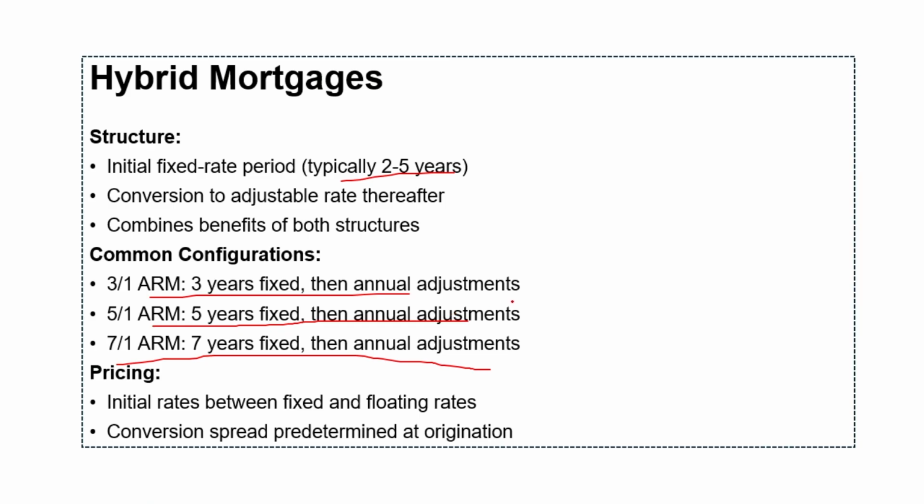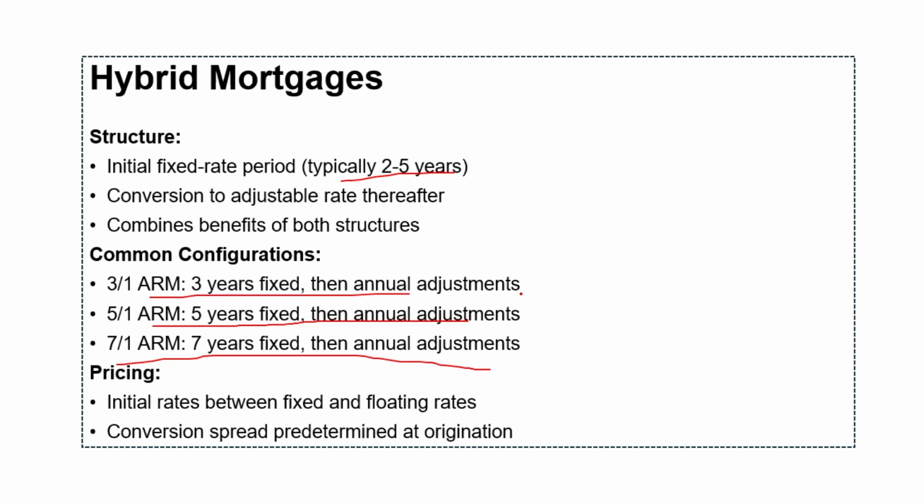The conversion terms, including adjustment mechanism and spread for the adjustable period, are predetermined at origination, providing transparency about future rate exposure. These products work well for borrowers expecting income growth during the fixed period, those planning to sell or refinance before rate adjustment begins, or borrowers wanting initial payment stability without the full cost of long-term fixed rate.